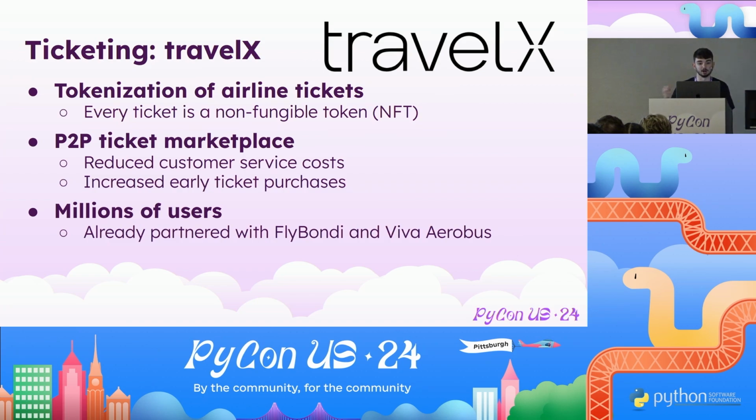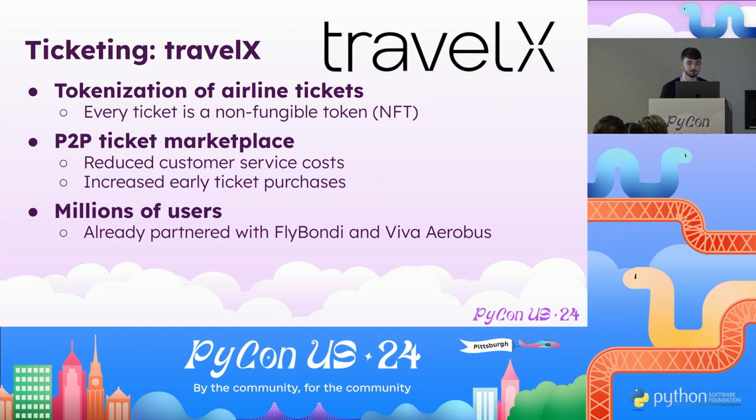Because we have this peer-to-peer and disintermediation, we've lowered costs and increased revenue by making the customer experience easier, right? If I buy a plane ticket, I'm not sure if I want to use it or not, it's very easy for me to find a buyer in the peer-to-peer marketplace, and the airline itself doesn't need to get involved at all.